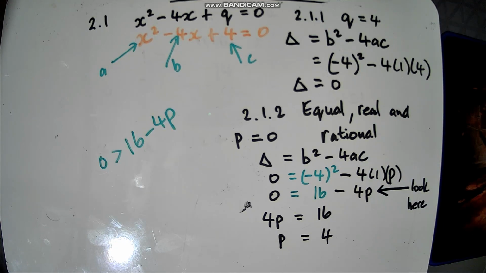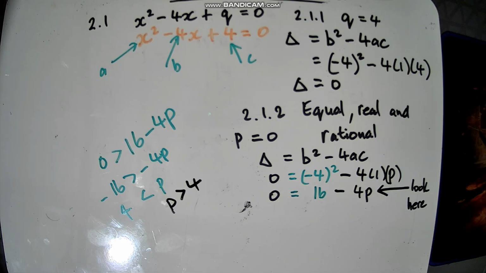So if we take that 16 over to the other side, right? Now we're going to divide both sides by negative 4 to solve for p. Now when you divide by a negative with inequalities, what's going to happen? The sign is going to flip. So p is more than 4.